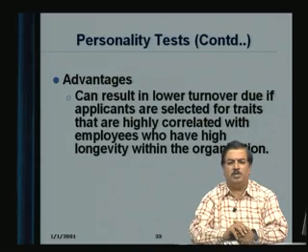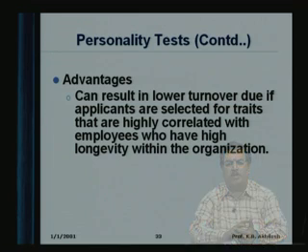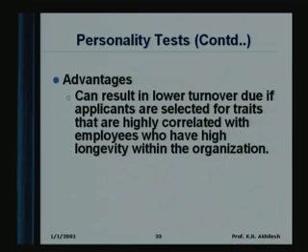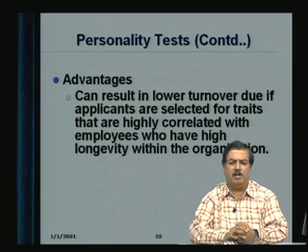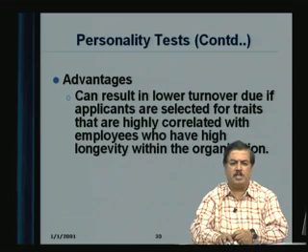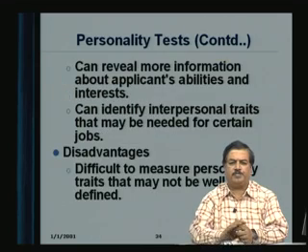So once you have the personality test in place, it can result in lower turnover, because the applicants are selected for traits that are highly correlated with employees who have high longevity with the organization. So that means these two factors are highly correlated, and such things will help in terms of the predictive validity of the test, so that you are able to pick candidates who are going to be successful in the future.